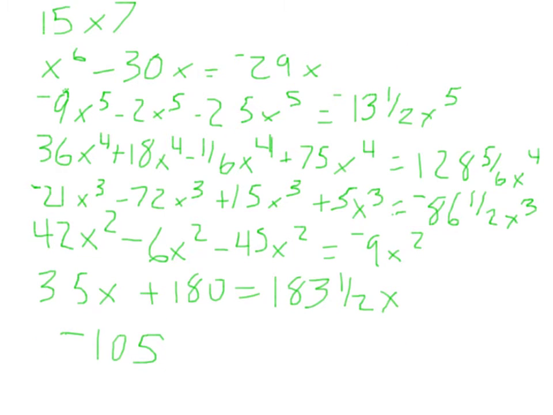Now, once you look at the table, you can see that they're in diagonals, and what you want to do is combine your like terms.